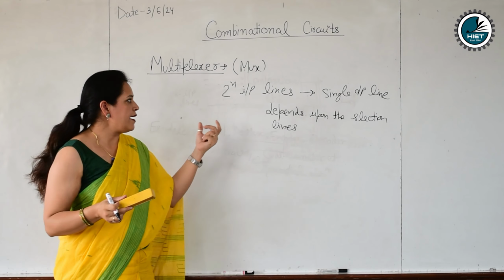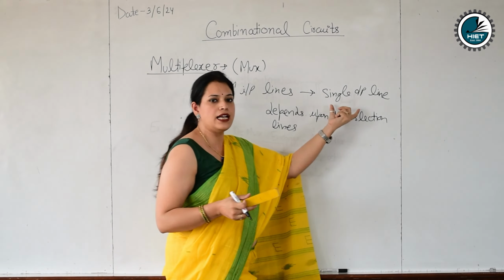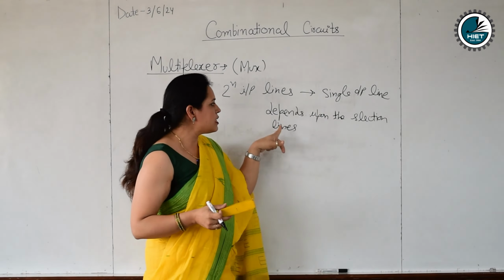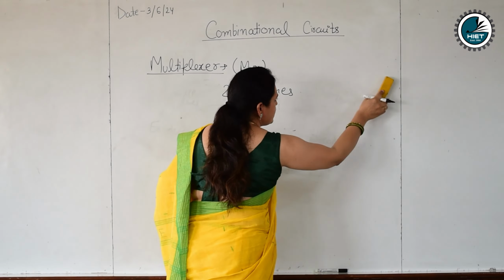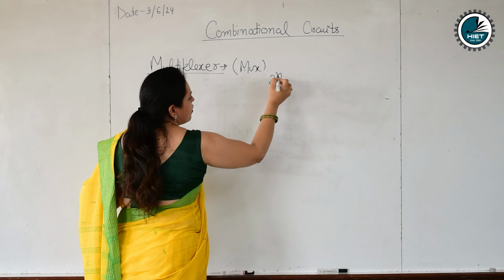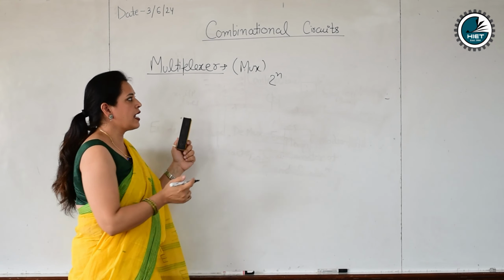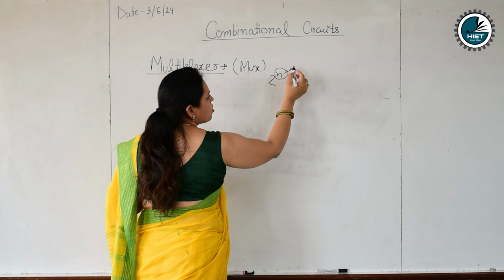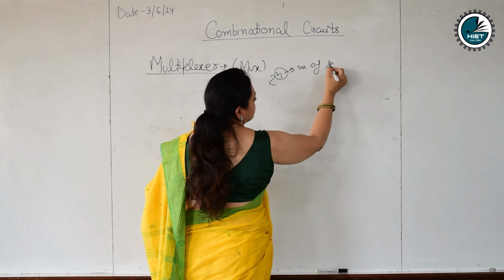Means we can say that in a multiplexer we have 2 to the power n input lines and only a single output line, and it depends upon the selection lines. How to decide the selection lines? With the help of this 2 to the power n, we can decide how many selection lines are in our multiplexer. This n shows the number of selection lines.